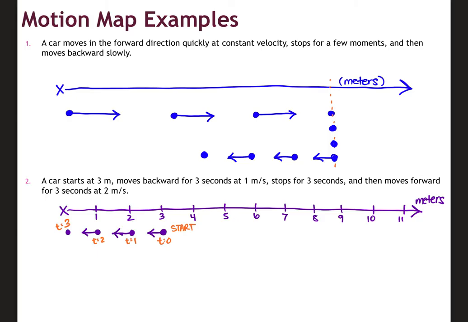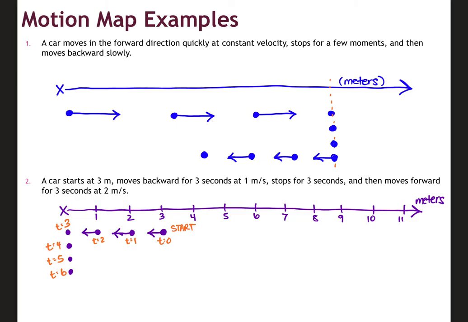If I'm going to stop for 3 seconds, then I need to stop for 1, 2, 3 seconds. That's going to be t equals 4, t equals 5, and t equals 6 seconds. It's real easy to lose a second when you're stopped, so I always count it all out from the beginning.